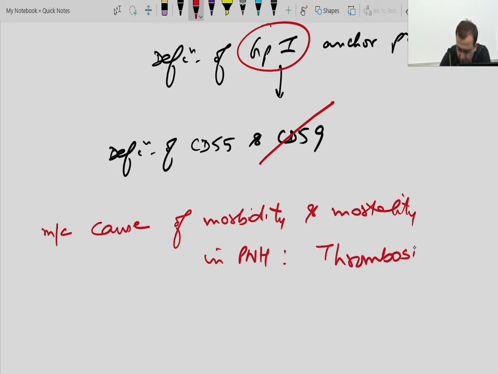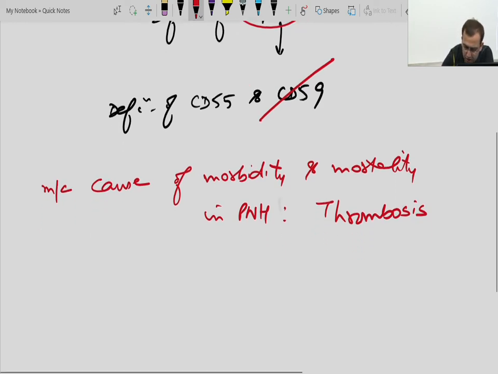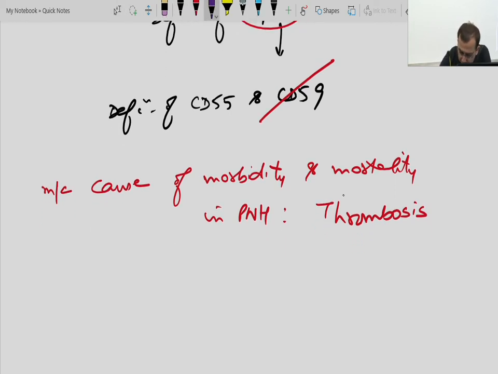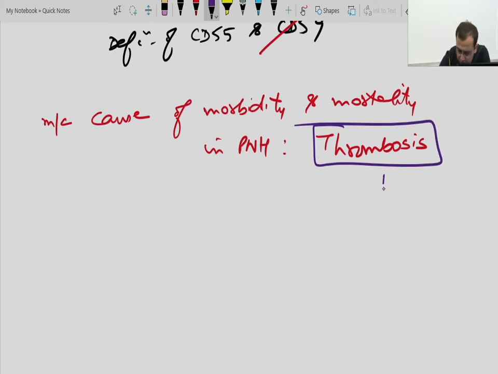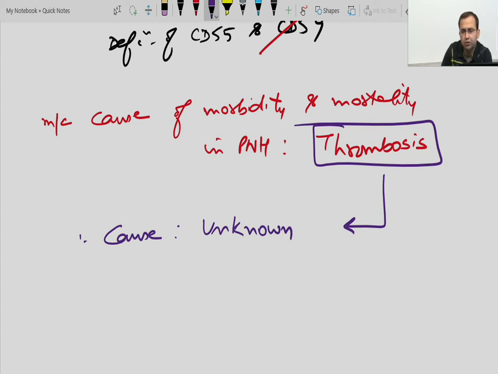The most common cause of morbidity and mortality in PNH is thrombosis. Now this thrombosis is interesting. Why? Because first point, the cause of thrombosis is unknown.